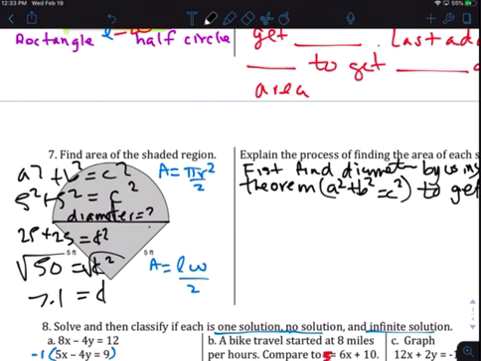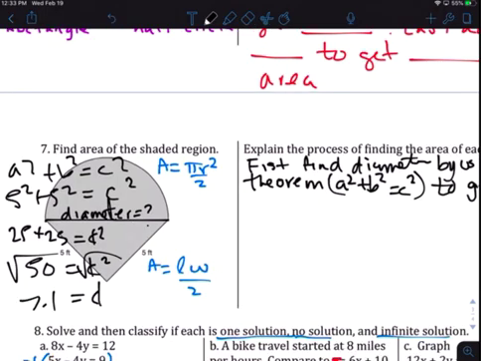The radius then is, let me make sure the square root of 50 is 7.1. Yep, 7.07, so it's 7.1. 7.1 divided by 2 is 3.55, which is the radius.